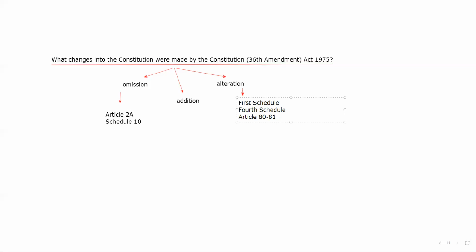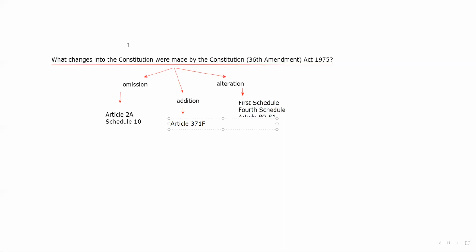As far as the new insertion is concerned, it added Article 371F into the Constitution. What was its purpose?